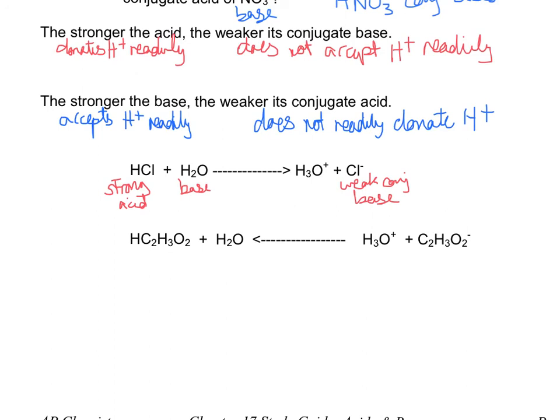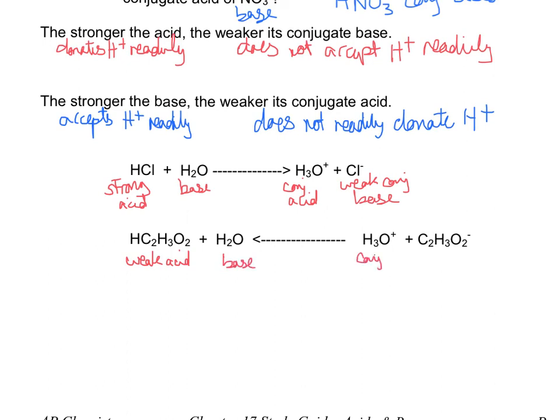And H2O here is the base, so this is my conjugate acid. For this one, here's acetic acid. This is a weak acid. Here, water is behaving as a base.